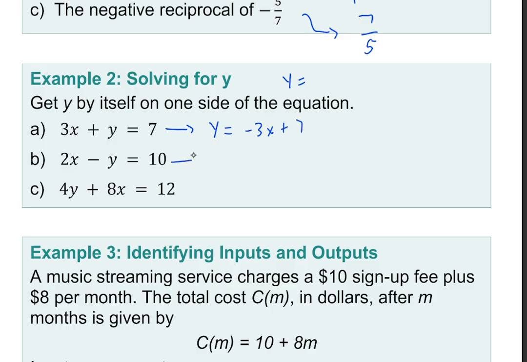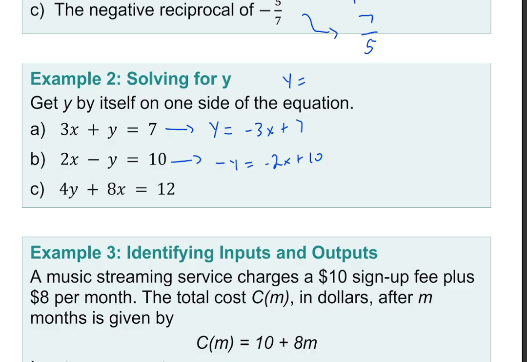For part B, we want to subtract 2x from both sides, and we get -y equals 10 minus 2x. And I like to write the x term first, so I'm going to do that again, like I did above, where it's -2x plus 10.